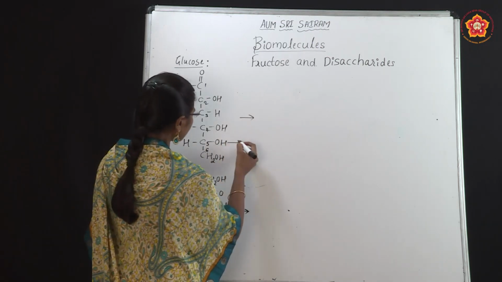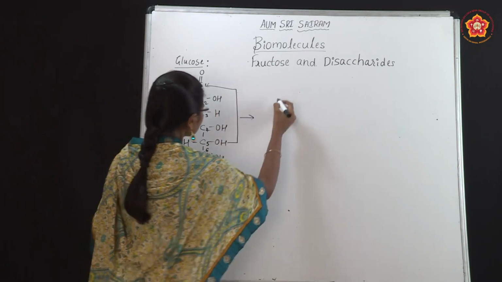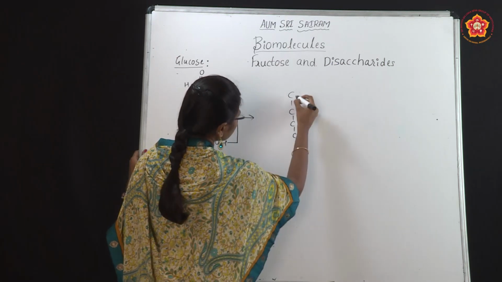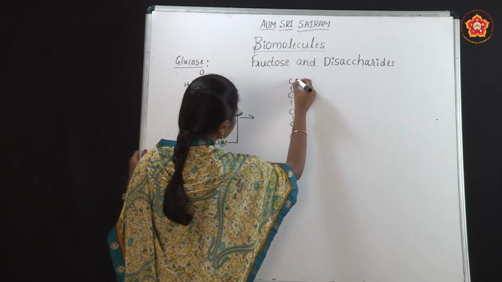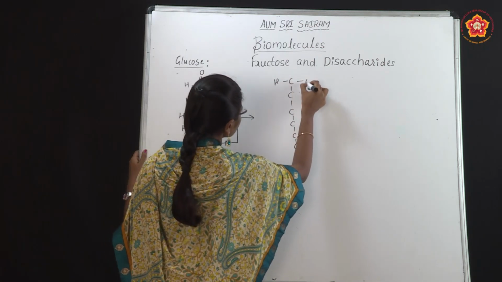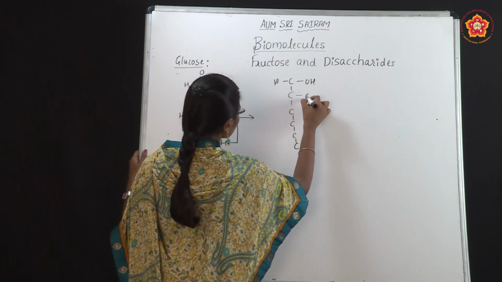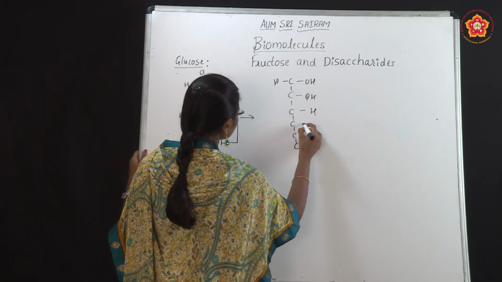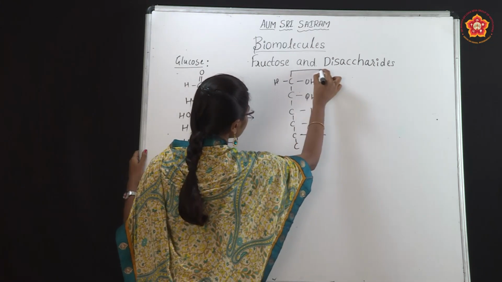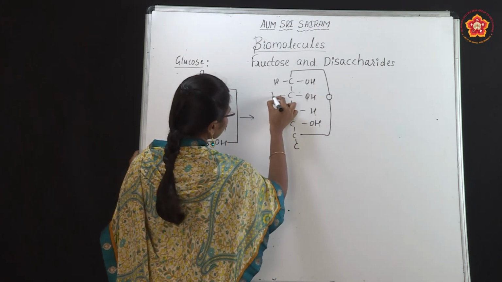See, this carbon atom's OH and this carbon will form a ring. So, all 6 carbon atoms, here this is H and here OH, and this is OH, H, and here OH, and here this oxygen is linked.